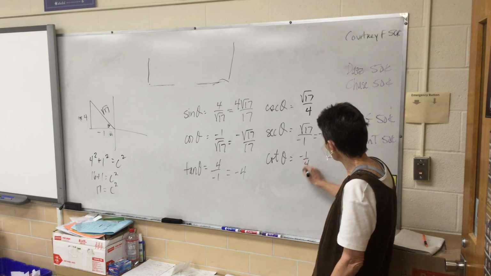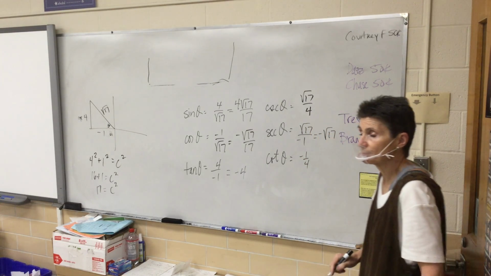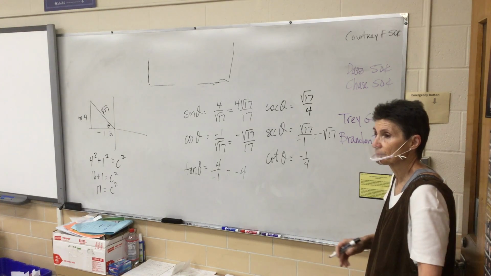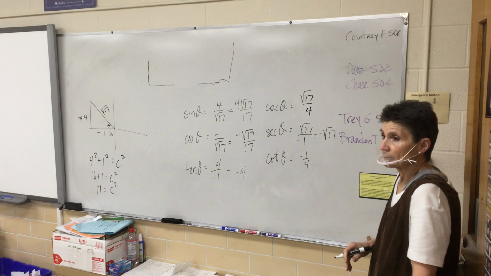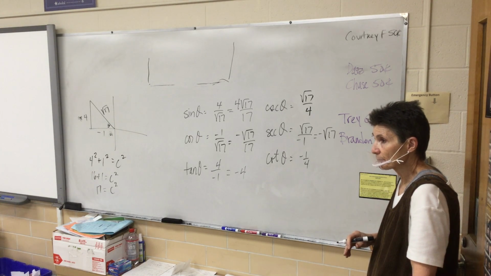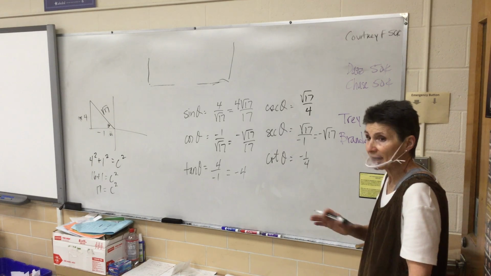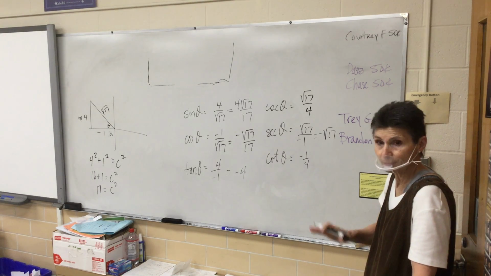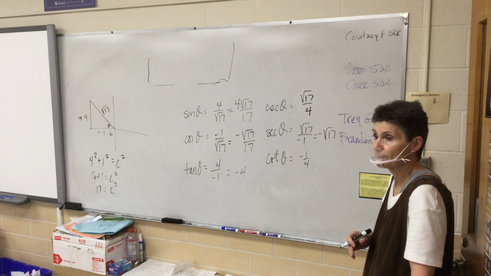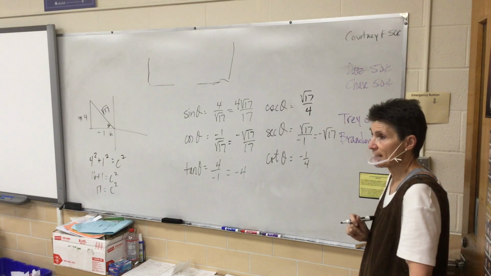And negative 1/4 for the cotangent. Now, are we okay with that? Do you see how it's exactly what we've done before? The only difference is we've got negatives now because our points are in different places. But the process is exactly the same.